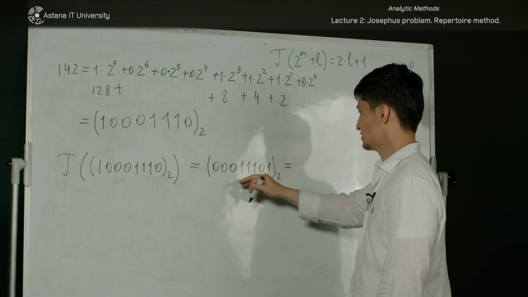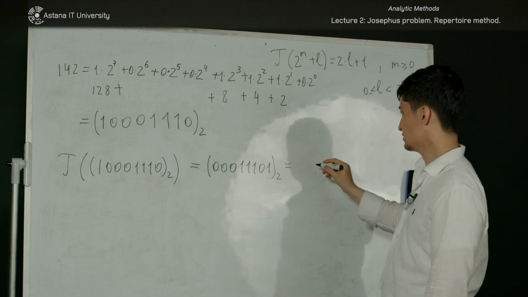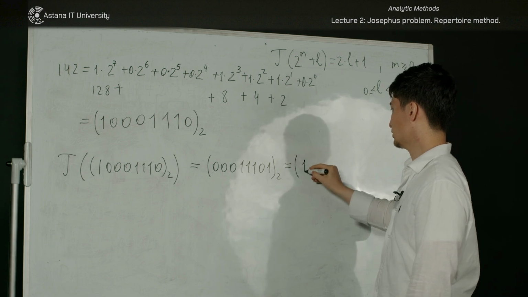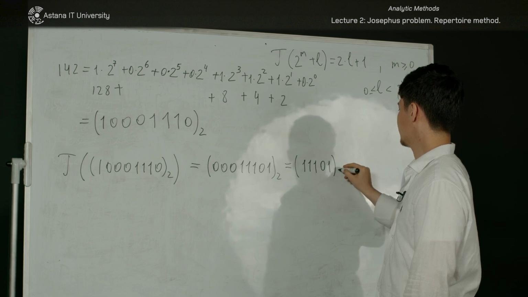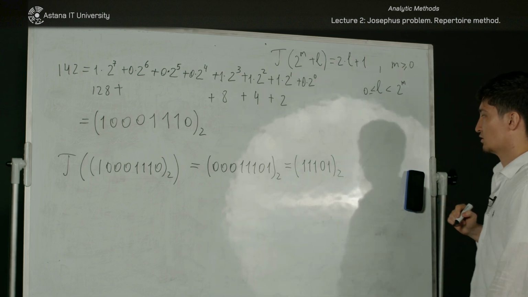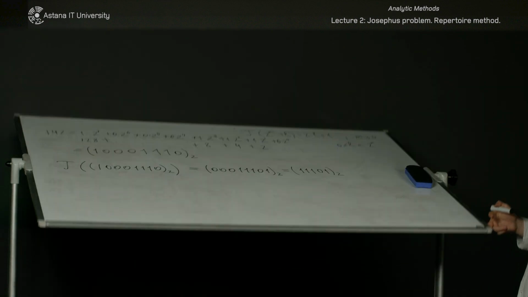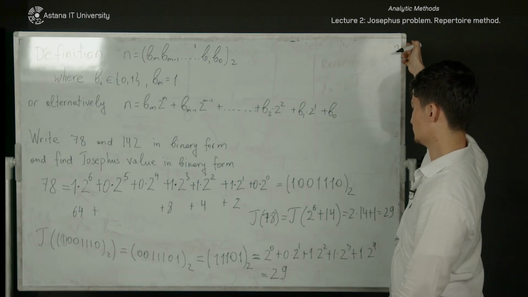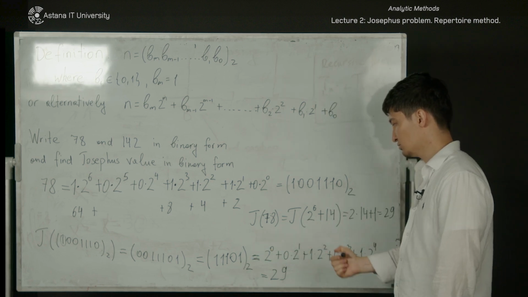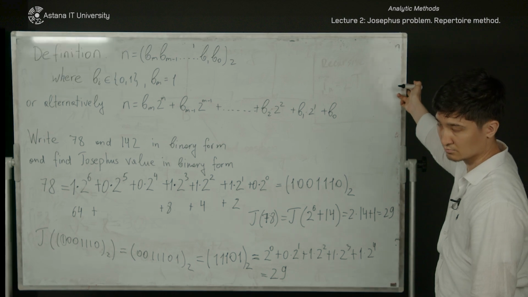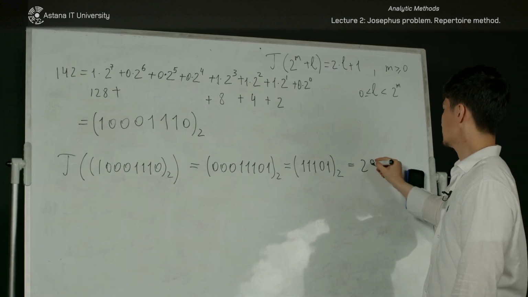I can drop these 3 zeros at the beginning, because they do not carry value in this case, and I will write 1, 1, 1, 0, 1. Now we can see that this is the same as the one we had before, which is equal to 29. So therefore, this corresponds to 29.